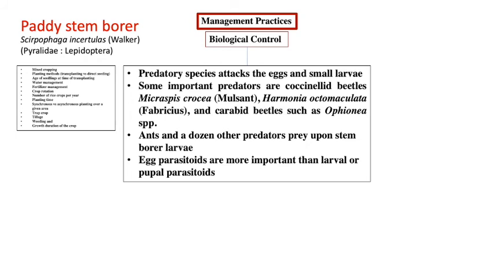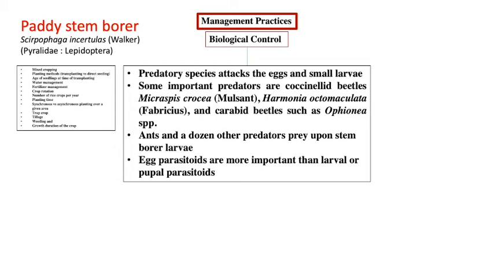In biological control, the action of indigenous predators, parasites, and insect pathogens forms the cornerstone for modern IPM programs on rice. Although hundreds of insect species feed on rice, only 8% are considered as major pests.